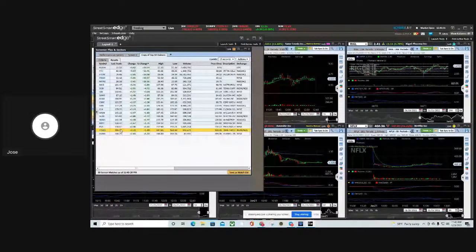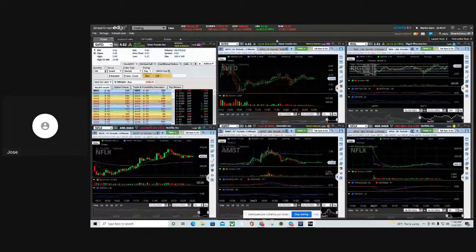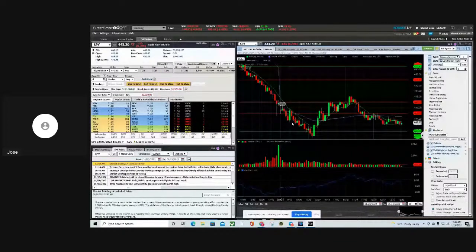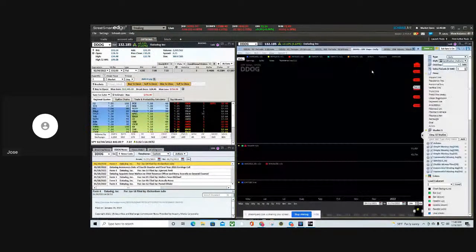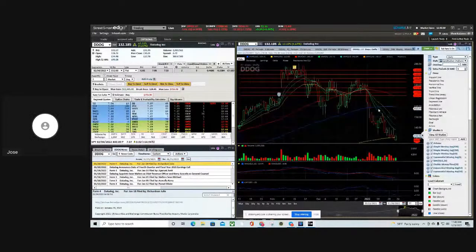Okay, so let's look at these. See what's moving over here on the option chain. Let's see. D-Dog. Whew.